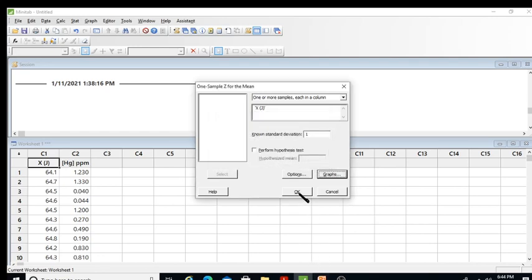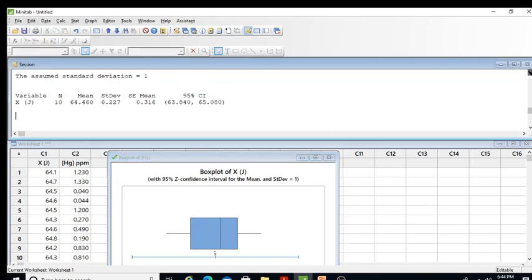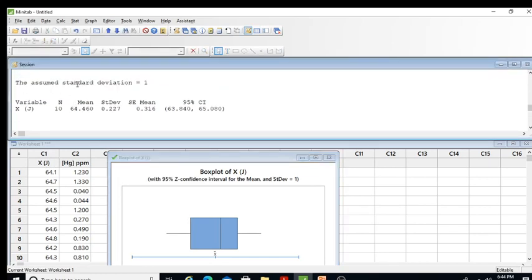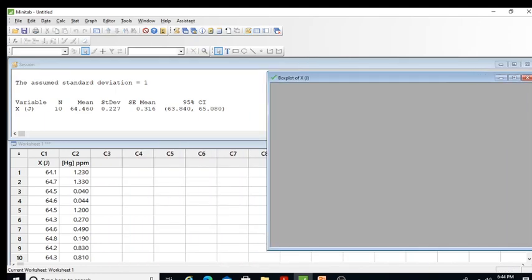So if I do this, I can see here in the session window, for the known standard deviation, which is 1, this sample of size 10, the mean value is 64.46, and the confidence interval lower limit is 63.84 and upper limit 65.80. This is what we can see in this box plot as well.